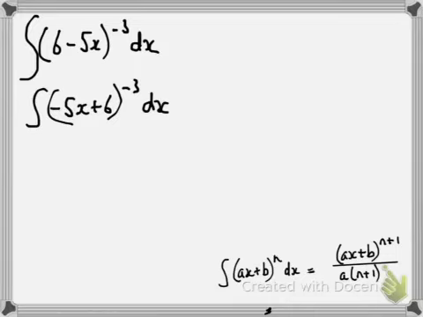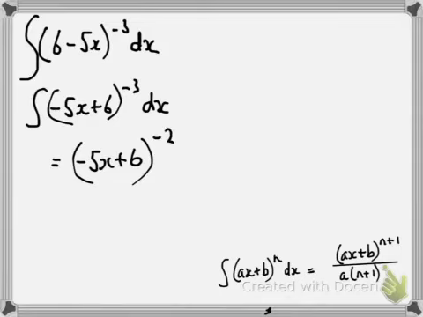Remember our rule says to integrate this, we take the existing bracket, which is negative 5x plus 6, n plus 1, raise it by a power, so it becomes negative 2.